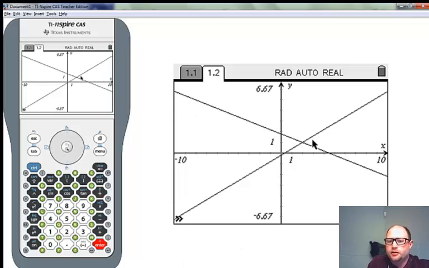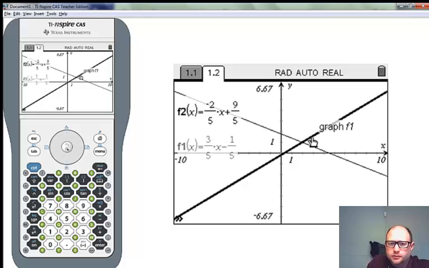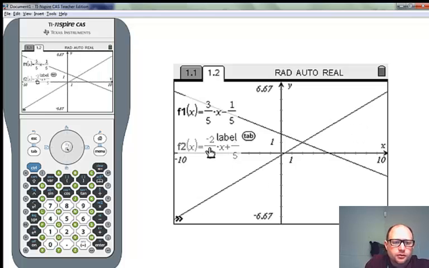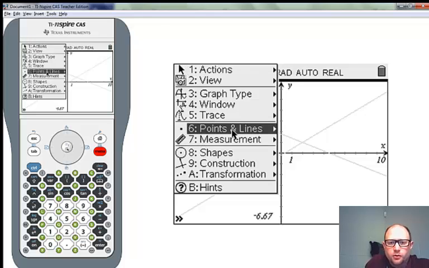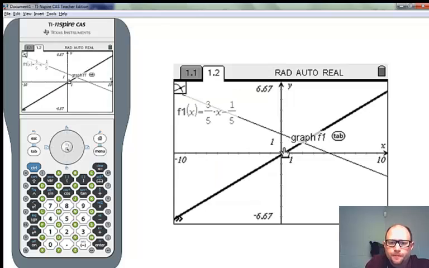And then if I come over here, it should tell me where they intersect. Or maybe I've got to do something else. I'm actually using the CAS calculator here. I usually use just the regular CX, so this may be a little different. But let's see, if nothing else, we can go menu, points and lines, and intersection point.